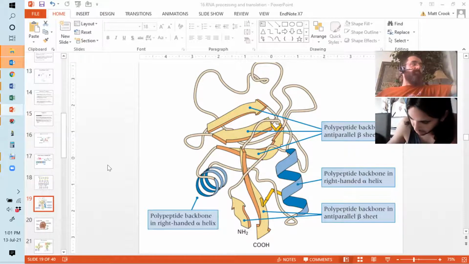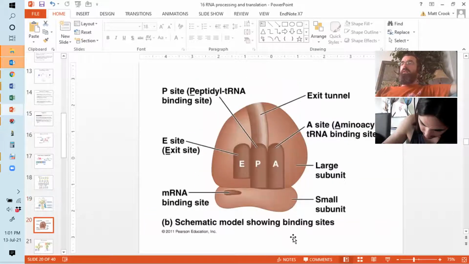One thing to remember is that for translation to work, we need to do a bunch of things. We need to have our mRNA in a position where it can be read. We need to bring in tRNAs that have amino acids attached to them, charged tRNAs, only to the bit of mRNA that they correspond to.